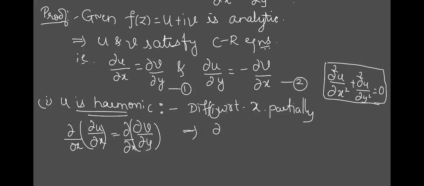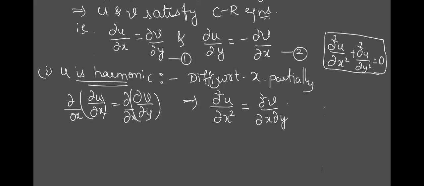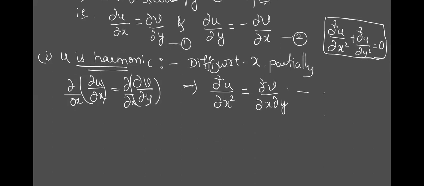Dou square u by dou x square. Now, what is the derivative of dou v by dou y with respect to x? Dou square v by dou x dou y. Very good. I'll call this equation 3.